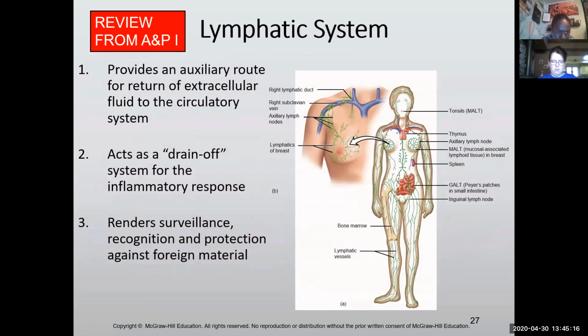Okay, then we shift our gears a bit and talk about the lymphatic system. Like the circulatory system, this is one of the primary highways through our body with regard to how potential pathogens can move. There's two major highway systems, the circulatory system and the lymphatic system. It's a hard system to sort of explain.